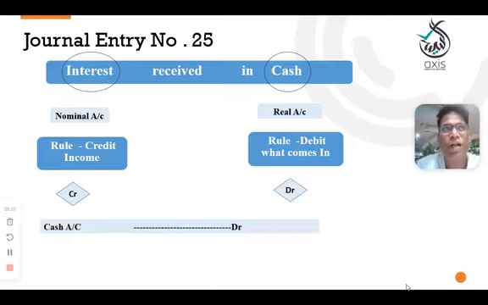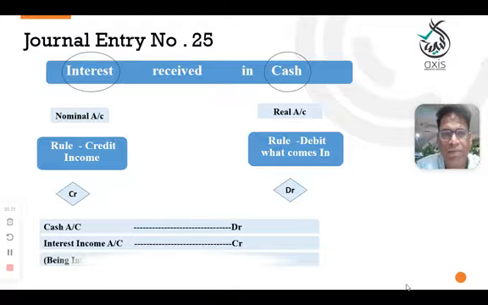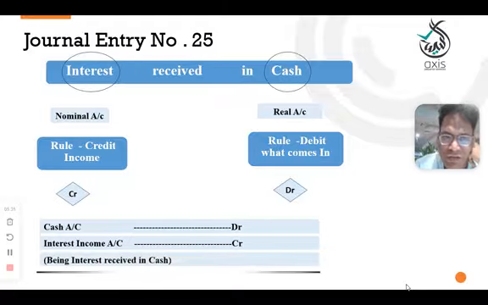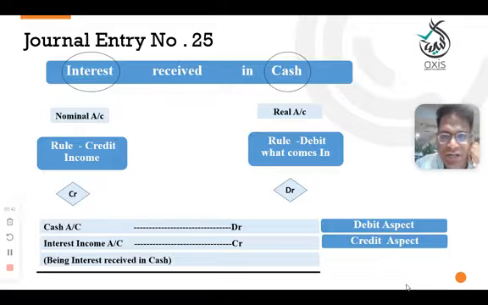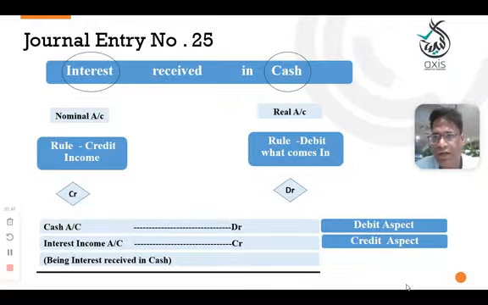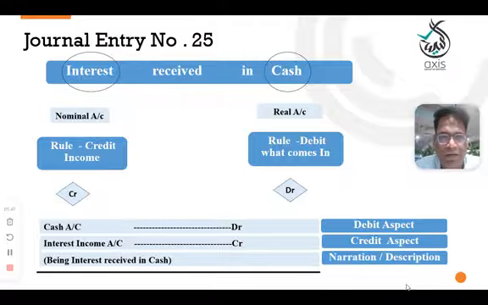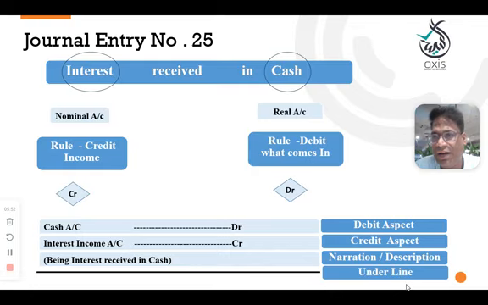So the entry will be: cash account debit to interest income account credit, being the interest received in cash. The debit aspect is cash because cash is coming in, a real account, and interest is the credit aspect. Being the interest received in cash is the narration, the description, and underline it.